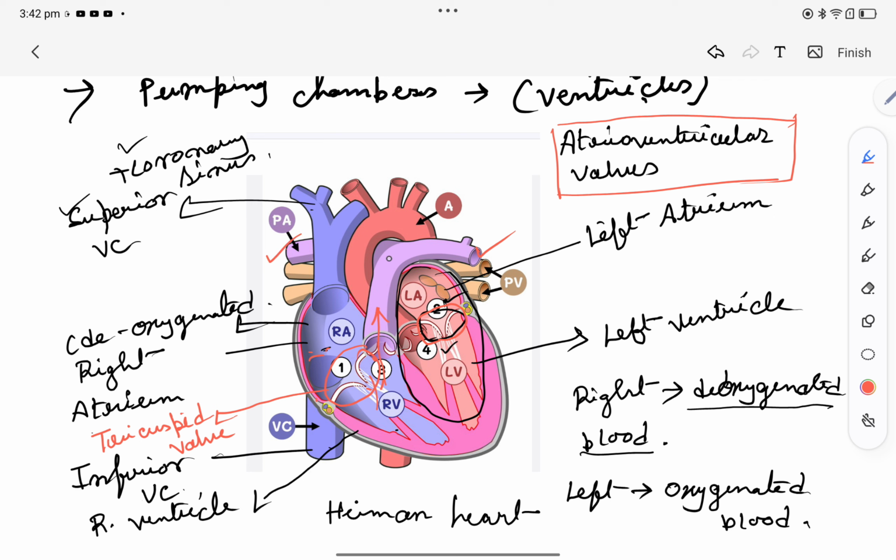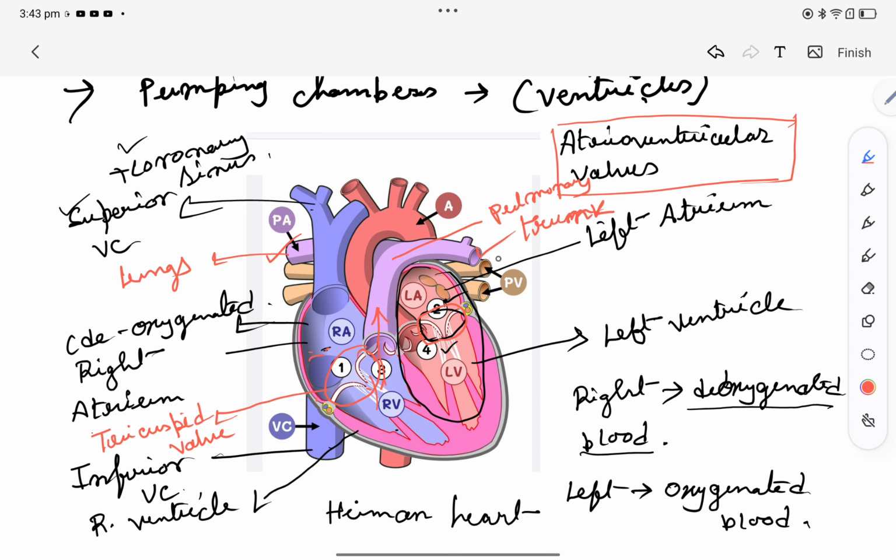Now this portion is called pulmonary trunk. So blood goes through pulmonary trunk, and via these pulmonary arteries it goes to the lungs.